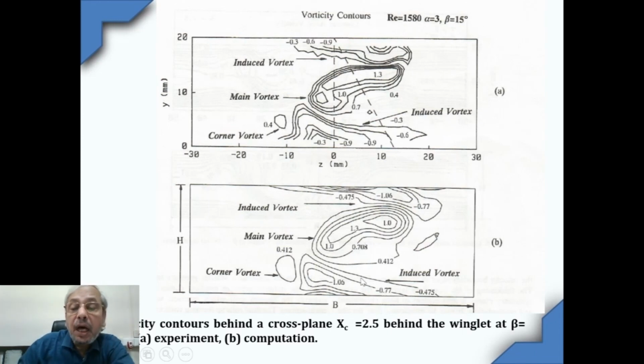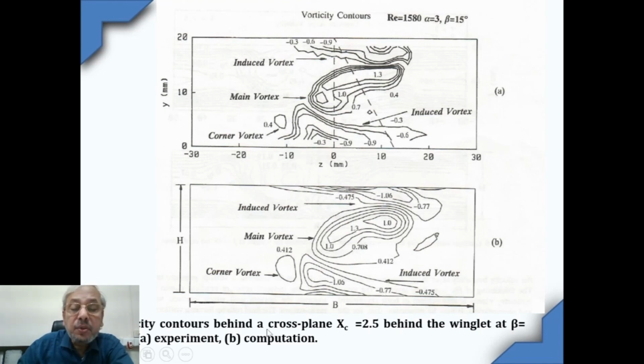And this is the computational vorticity field, where we can also see the corner vortex, induced vortex, main vortex, etc. And a closer comparison even gives better satisfaction.